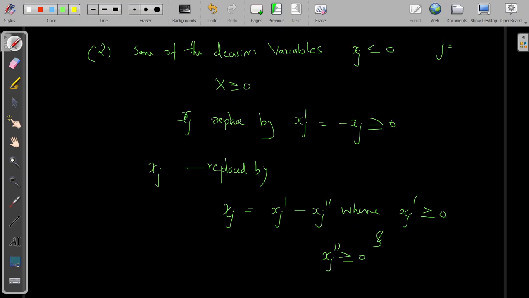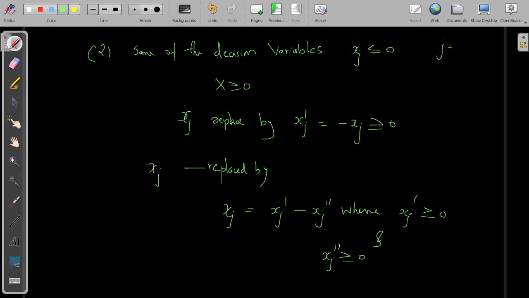Then in such a situation xj can be negative, positive or 0 depending on the values of xj dash and xj double dash. That means if xj dash is greater than xj double dash, then xj is positive. And if xj dash is less than xj double dash, both being positive values, then xj is negative.